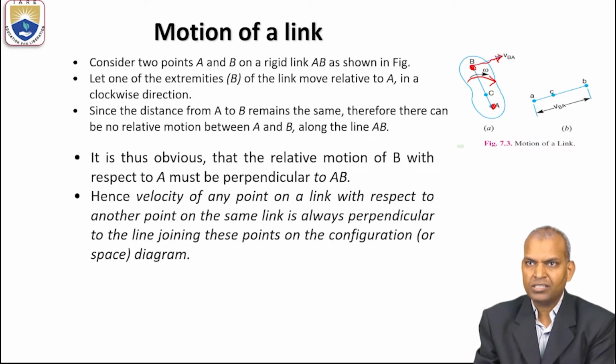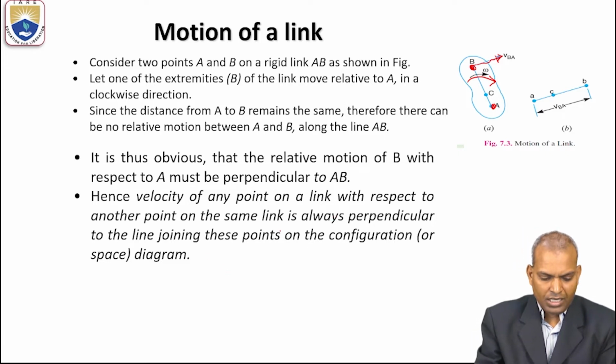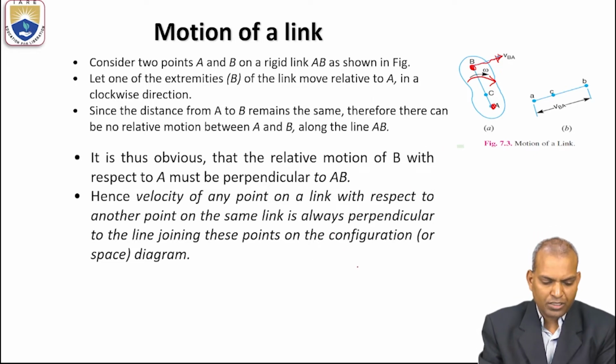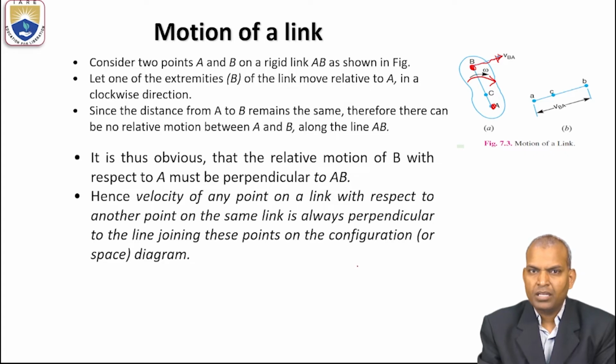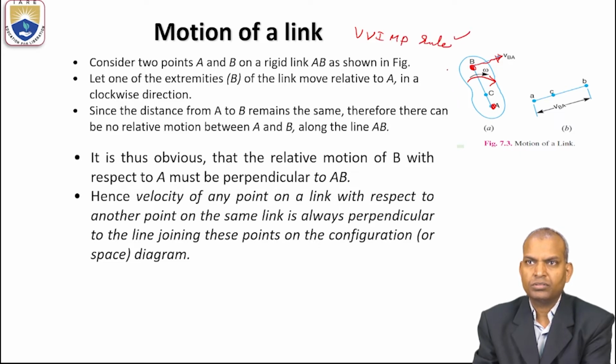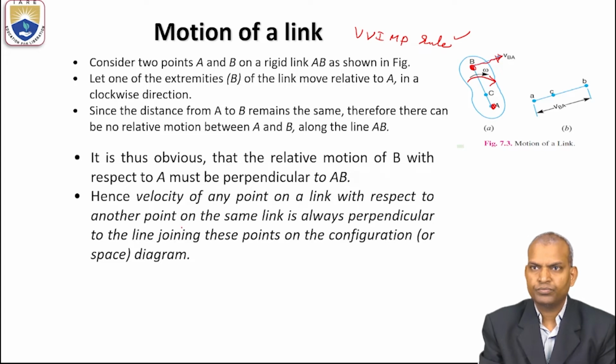Hence, the velocity of any point on a link with respect to another point on the same link is always perpendicular to the line joining these points on the configuration diagram or space diagram. This is a very, very important rule.